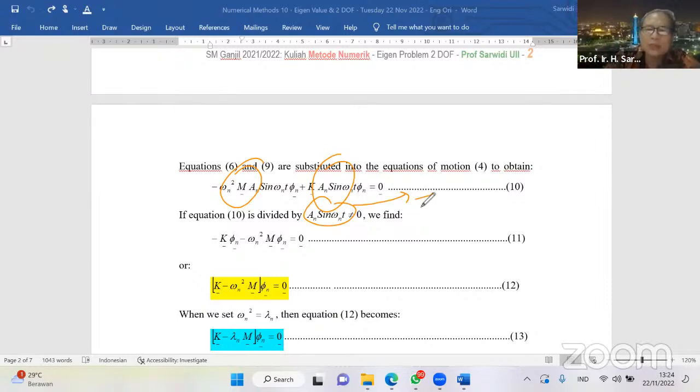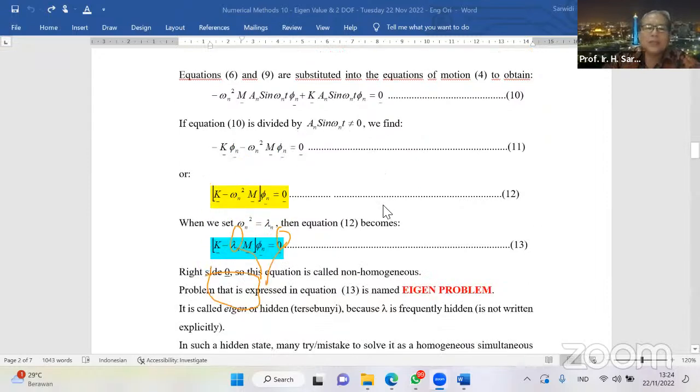So if this is not equal to 0, the rest has to be 0 here. Yeah, this is 0. Okay, or we call it, because there is a constant here, the vector of constants, and then you put the vector outside here, and then this is the equation. It's very important for you to know this equation.